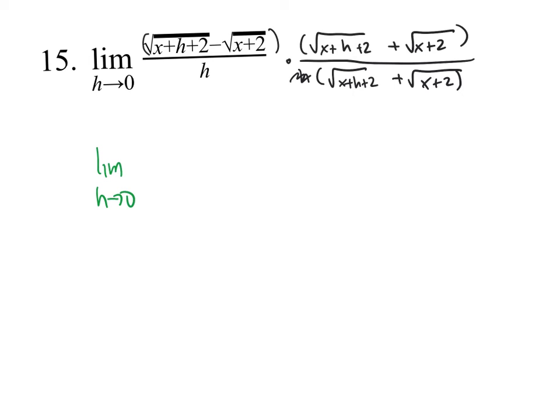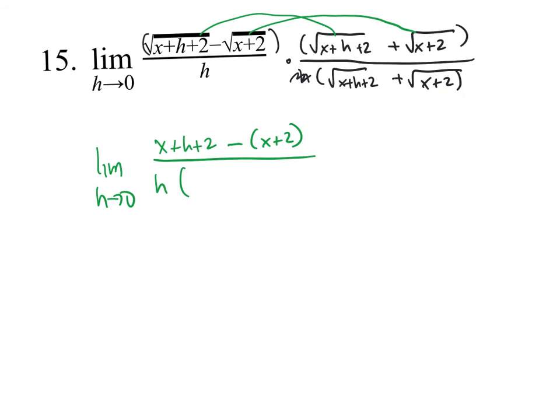So when I FOIL this, this just becomes x plus h plus 2. And this is going to become minus x plus 2, because remember that minus carries through, over h radical x plus h plus 2 plus radical x plus 2. So the good news is you have a lot of things that cancel, because this is minus x, this minus x will cancel with this, and this is 2 and negative 2 because I distribute through.